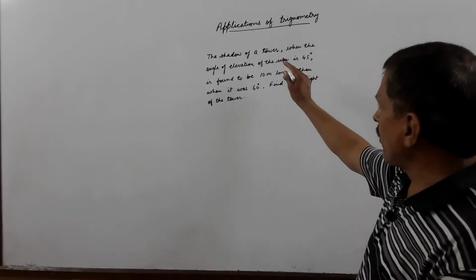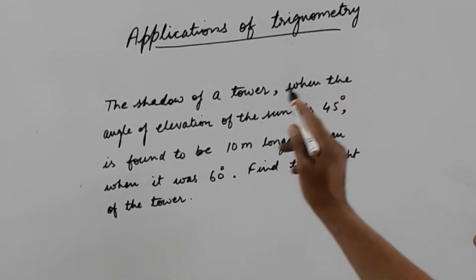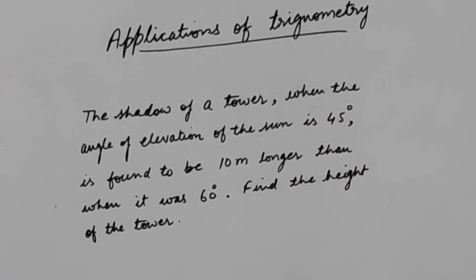The shadow of a tower when the angle of elevation of the sun is 45 degree is found to be 10 meter longer than when it was 60 degree. Find the height of the tower.